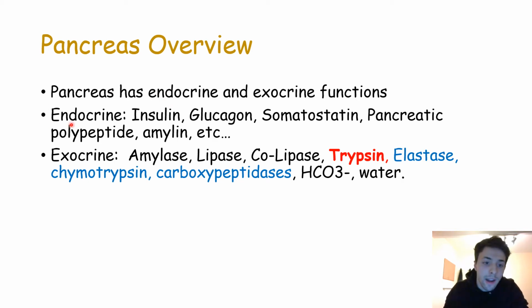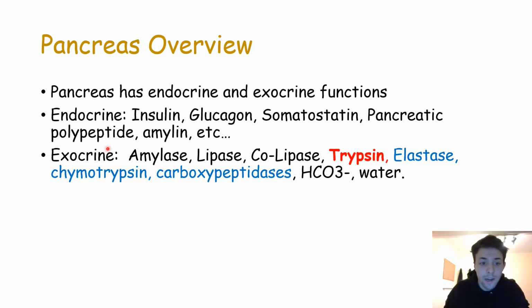So the endocrine pancreas secretes important hormones such as insulin, whose main function is to decrease blood sugar among other functions, glucagon, whose main function is to increase blood sugar among other functions as well, somatostatin, which is basically a reset button, and pancreatic polypeptide and amylin, which have other functions as well.